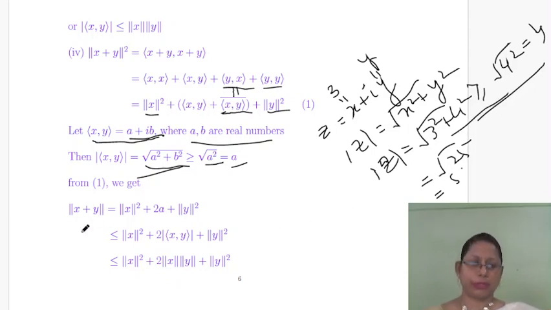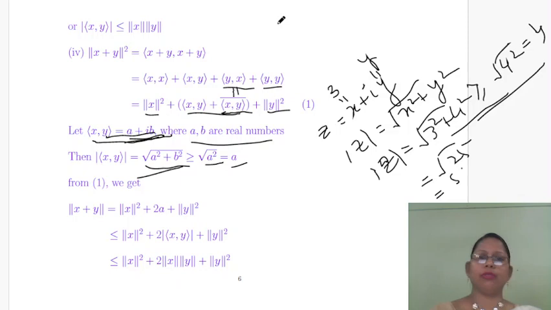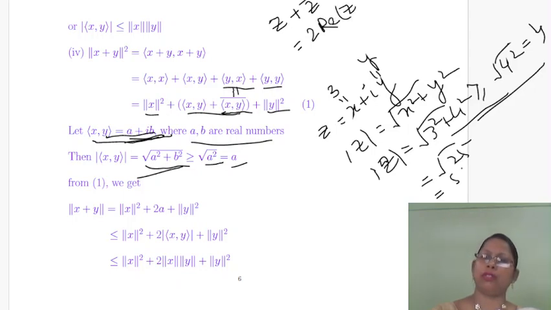So in place of this, I can write this twice. We know that if z is a complex number, then its sum with the complex conjugate gives twice the real part of that complex number.